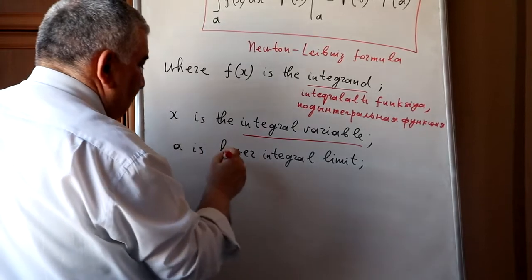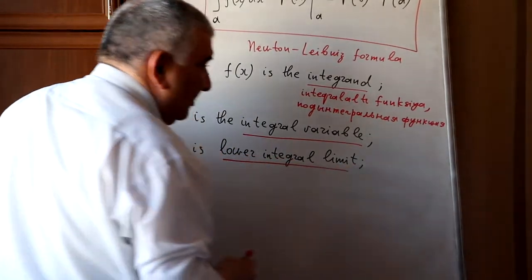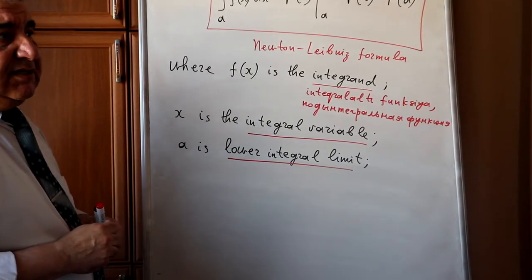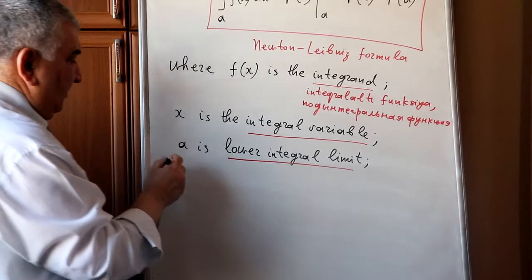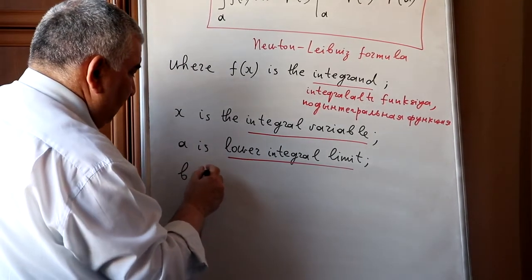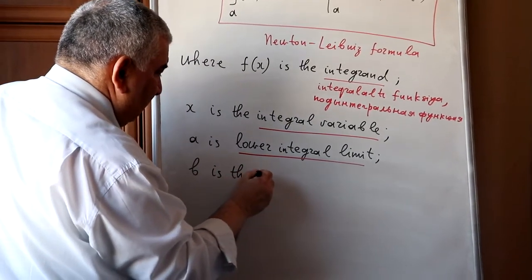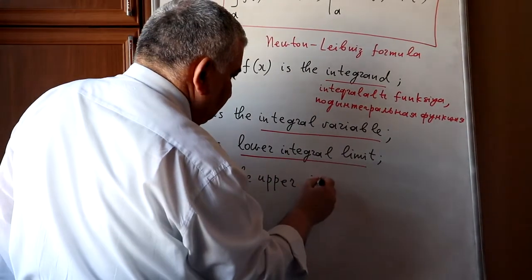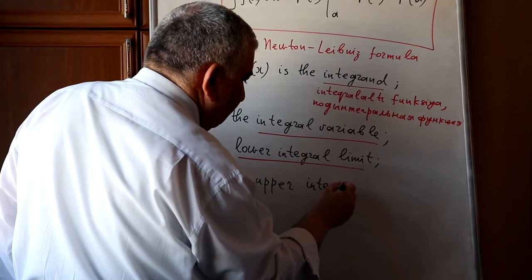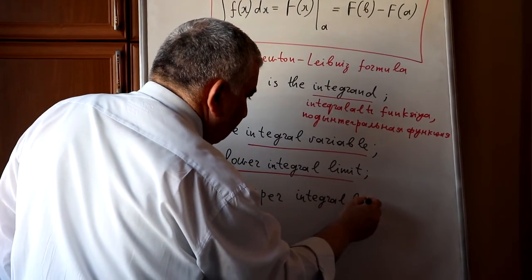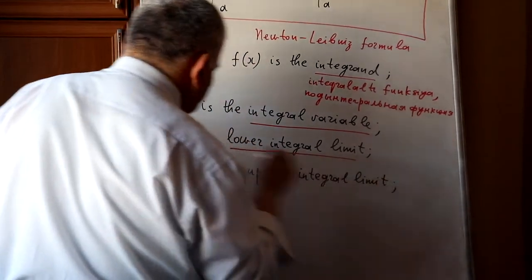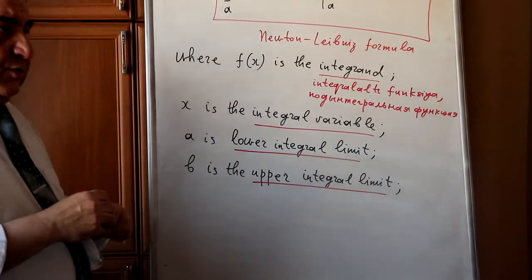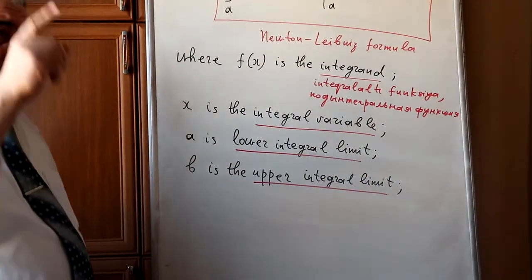In Azeri it is alt inteqral hüdud. In Russian, нижний интегральный предел. B is the upper integral limit. Upper integral limit, in Azeri it is üst inteqral hüdud. In Russian, верхний интегральный предел.